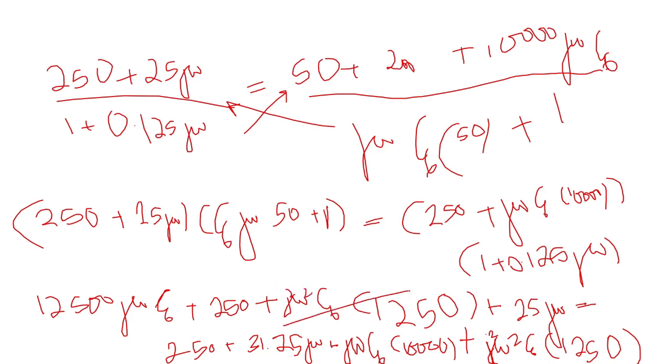So I can cut off this term and this term. Now if I rearrange this, I'll get j omega C6.